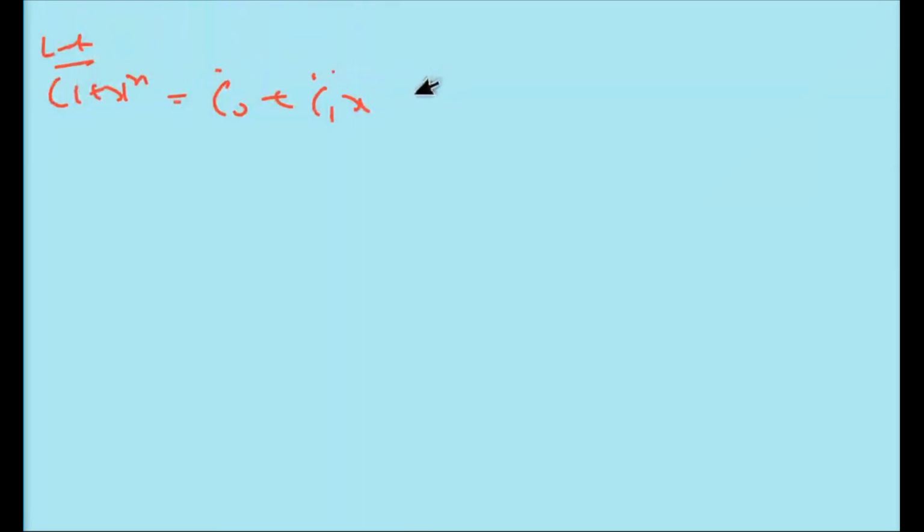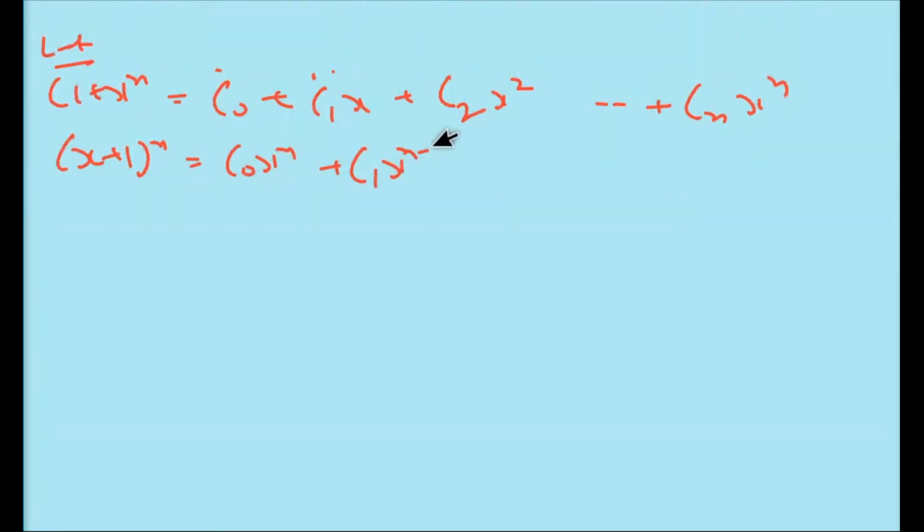Plus C2 x square and so on plus Cn x to the power n, and again we can write this way: C0 x to the power n plus C1 x to the power n minus 1, and so on, plus Cn x to the power n, where Cn here is 1. So C2 x to the power n minus 2 and so on up to Cn.